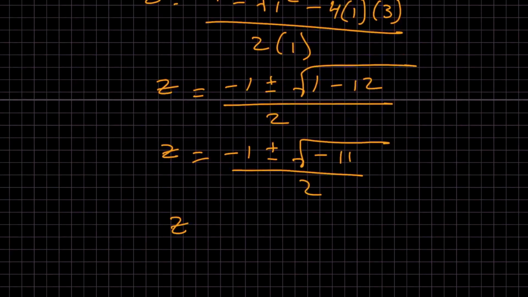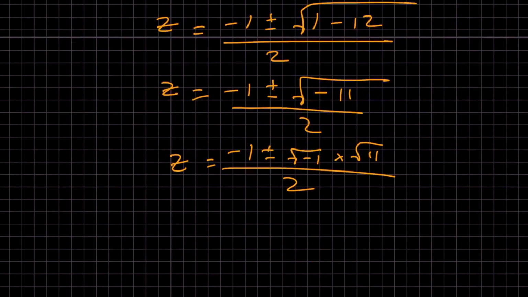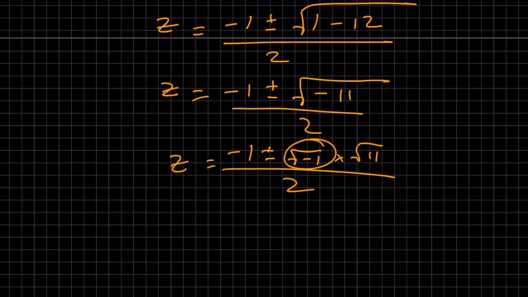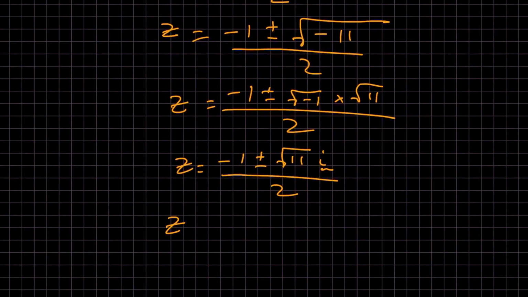We also know that our square root of negative 11 can be written as square root of negative 1 times the square root of 11, all over 2. Our square root of negative 1 is the same thing as writing i, so this becomes negative 1 plus or minus square root of 11i, all over 2. So your solution to this equation would be negative 1 over 2 plus or minus square root of 11 over 2i.